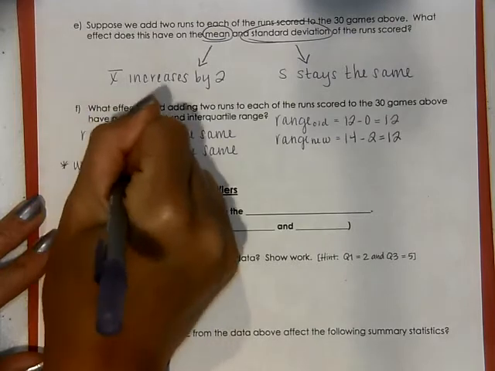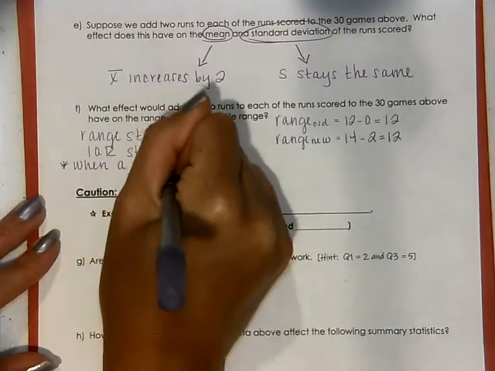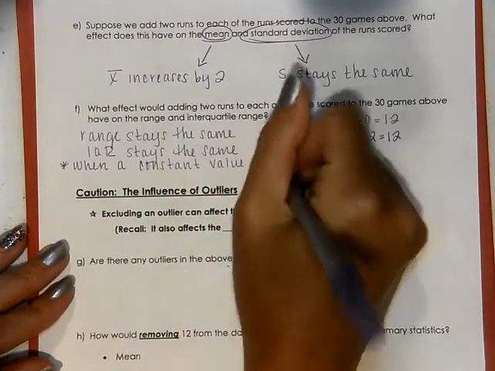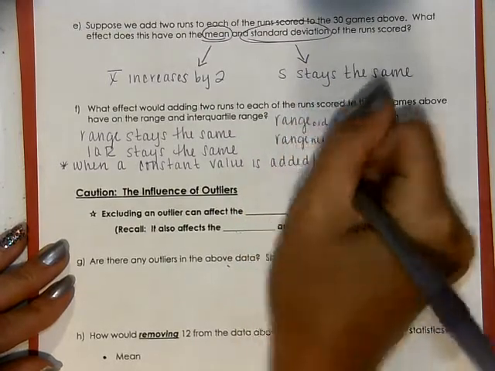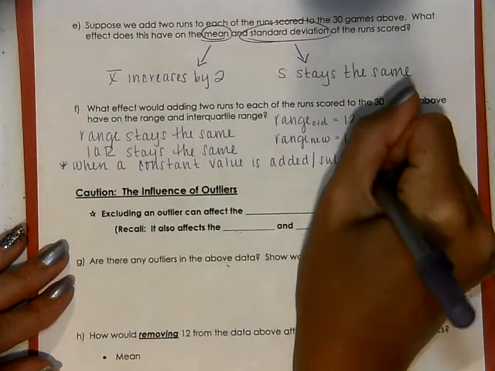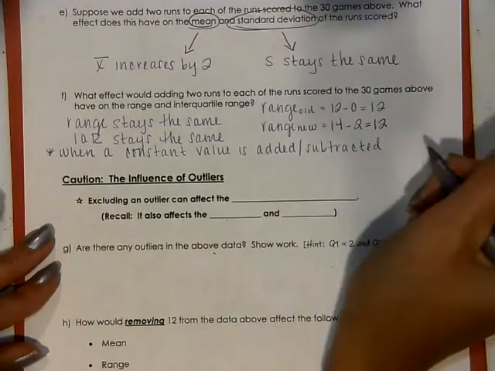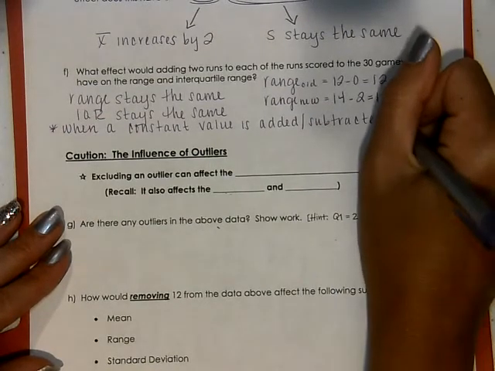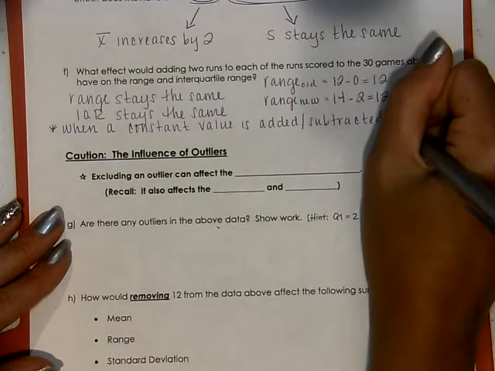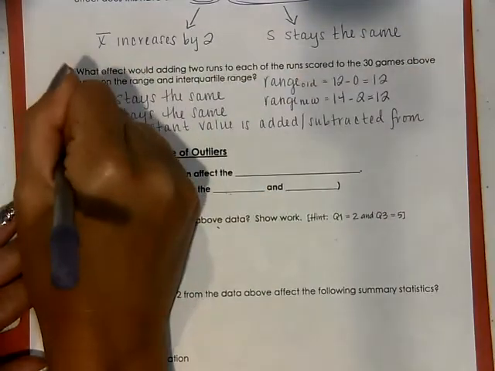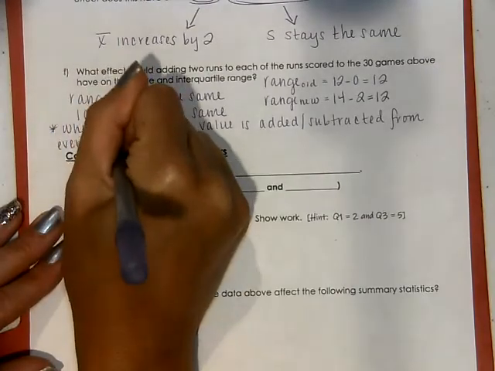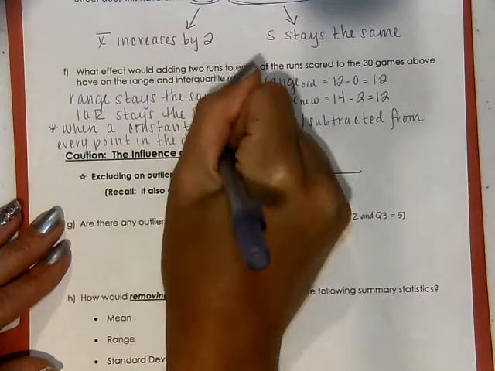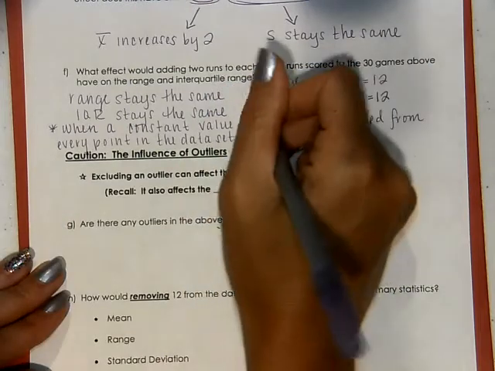When a constant value is added or subtracted from every point in the data set, all measures of spread stay the same.